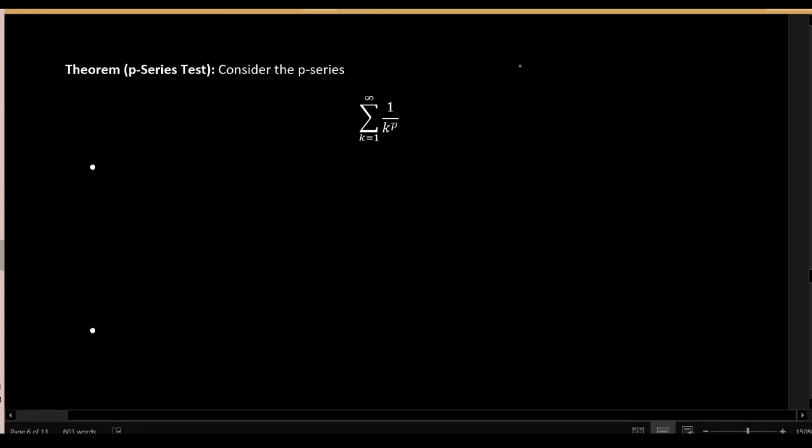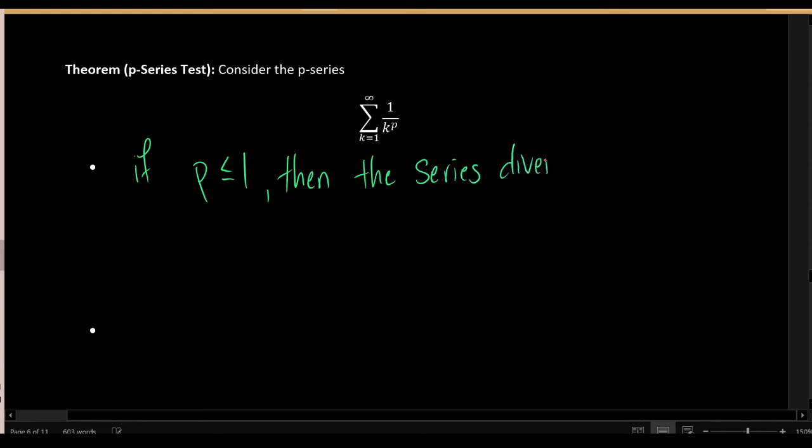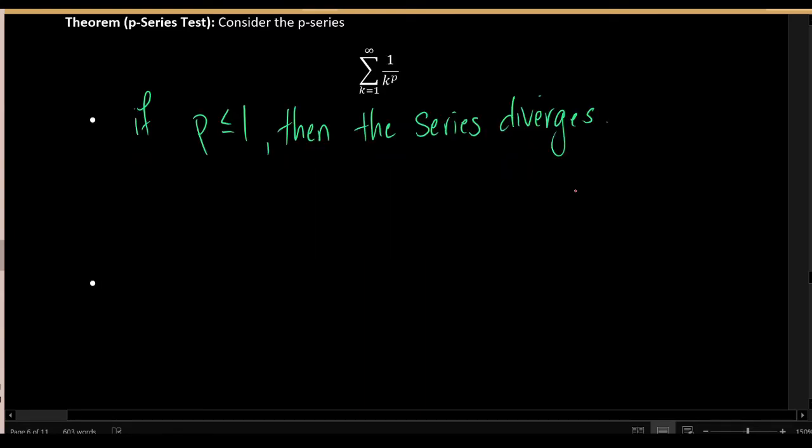We found that if we were in either case 1 or 2 or 3, if our power was anything less than or equal to 1, then the series had to diverge. It was only in case number 4, where our power was strictly larger than 1, that our series finally ended up converging.